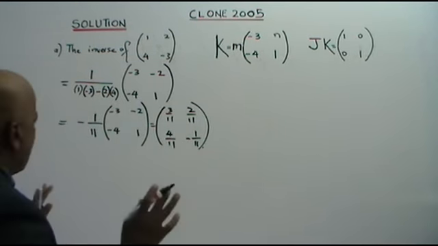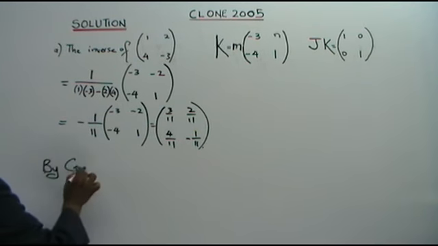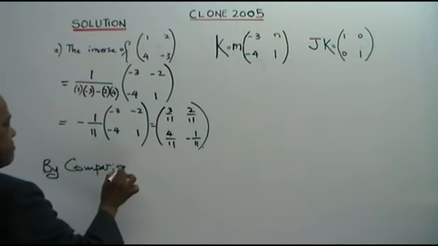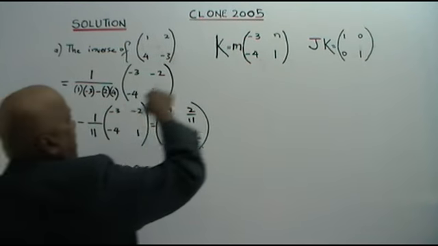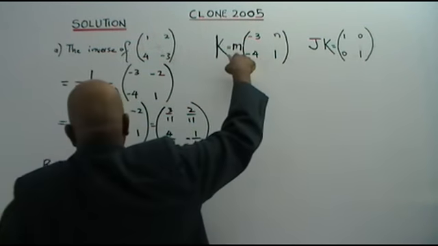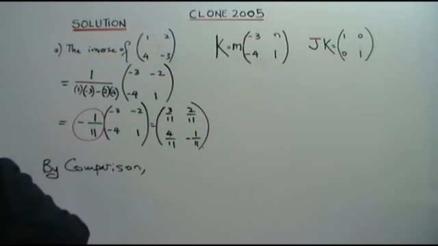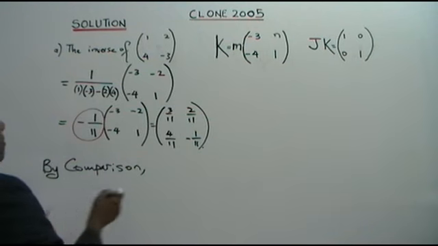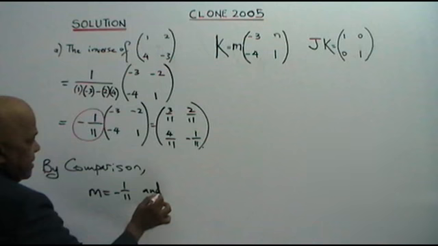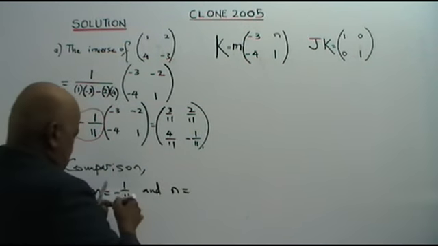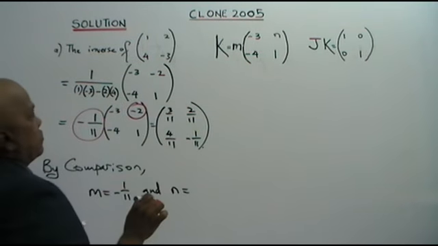Now, by comparison, you compare this to this. If you look very carefully, M is negative 1 over 11 and N is equal to, by comparison, negative 2.